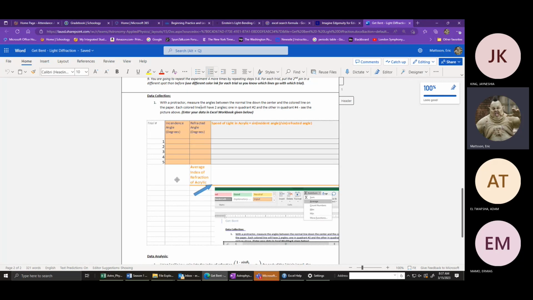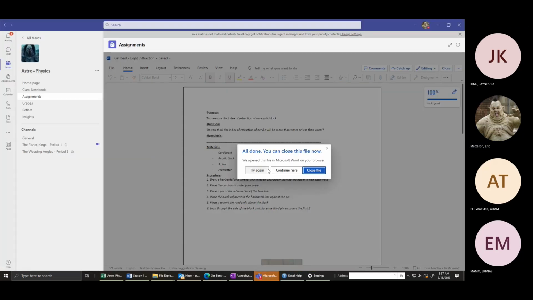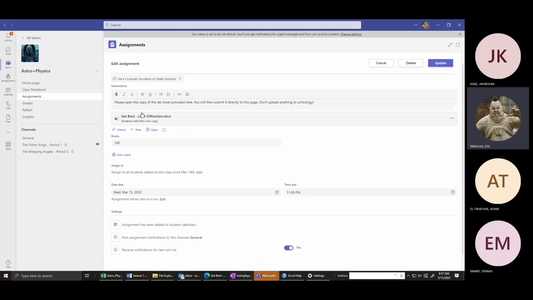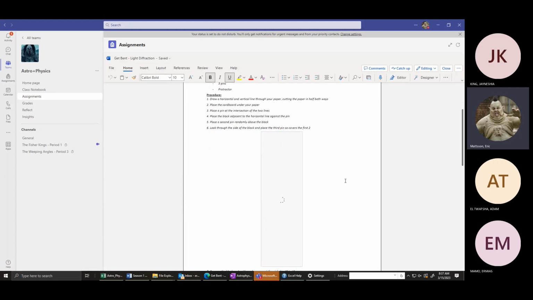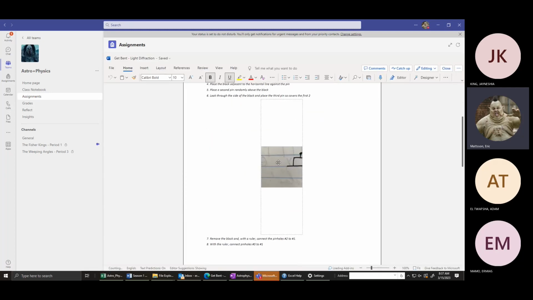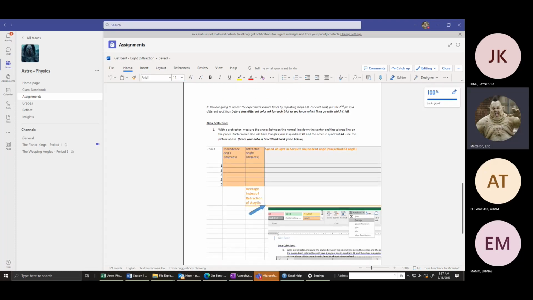I've put a spreadsheet in here, and it's also where you're going to do your data analysis there too. So that's the second main purpose of this. I don't know why these pictures are formatted all screwed up.